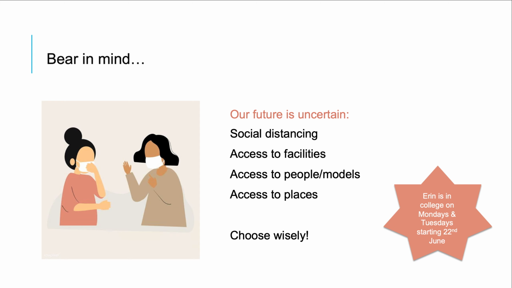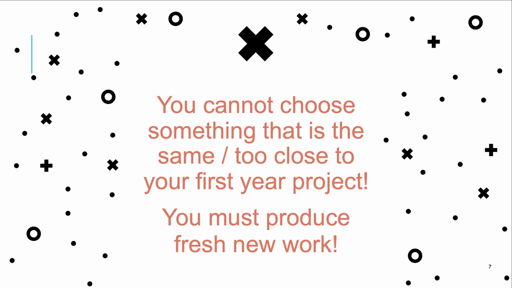So make sure you have the flexibility in that theme to be able to be a little bit more considerate of what we can do and that we can have access to things. So don't plan for something that you know you won't be able to execute. So say, for example, like I said in the live lesson, if you want to do your project all about the sea, but you can't safely get to a beach, or you definitely can't get to multiple beaches, you can't pick that as a theme because it's just not sensible to do.